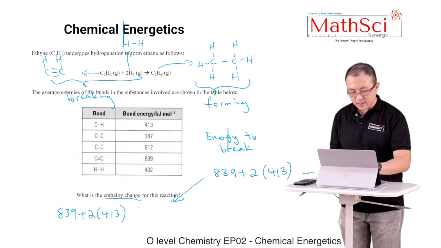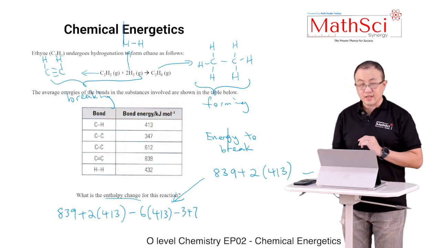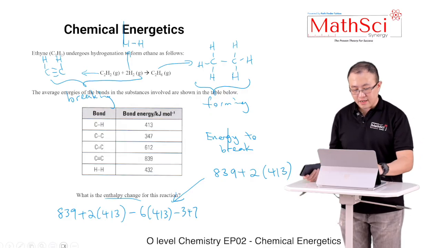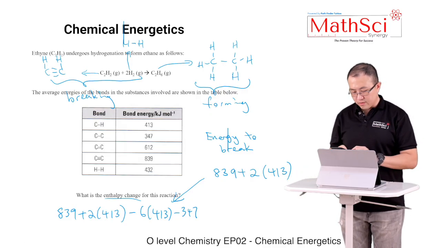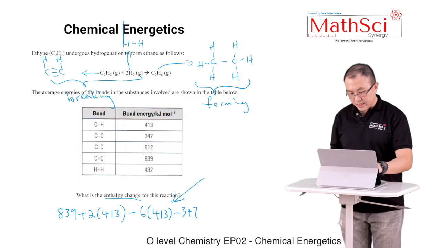Then minus away 6 times 413. Minus away the C single bond 347. Let me press in my calculator and see what this will get me. 839 plus 2 times 413 minus 6 times 413 minus 347. So you get negative 1160 kilojoules per mole.